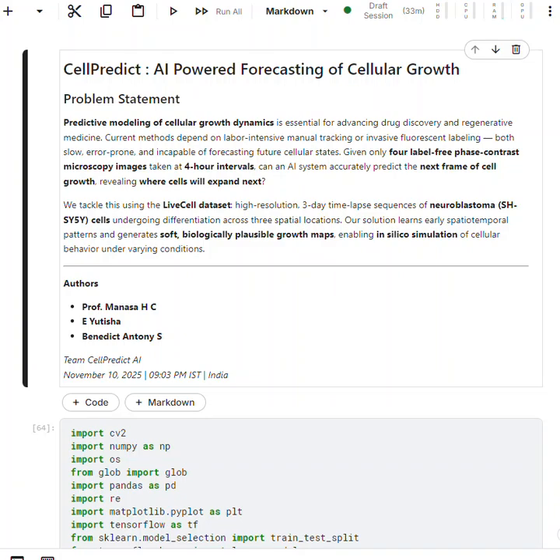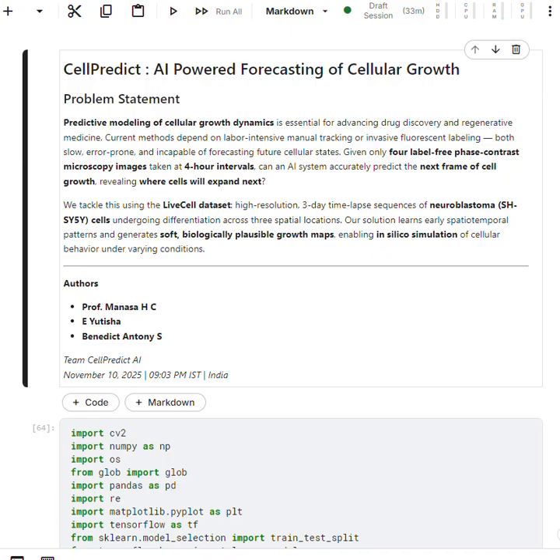Hello. Normally, biological scientists require a model that can simulate the cell growth of any given cell or the regenerative pattern that a cell can produce.